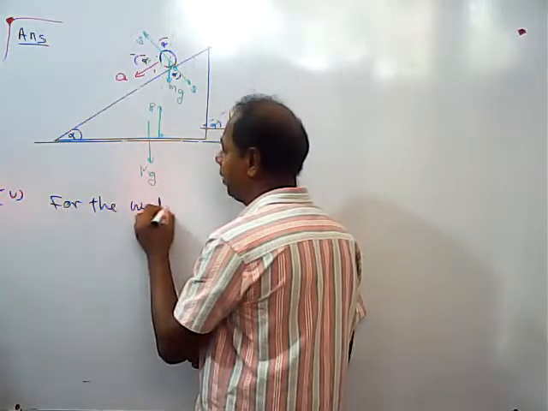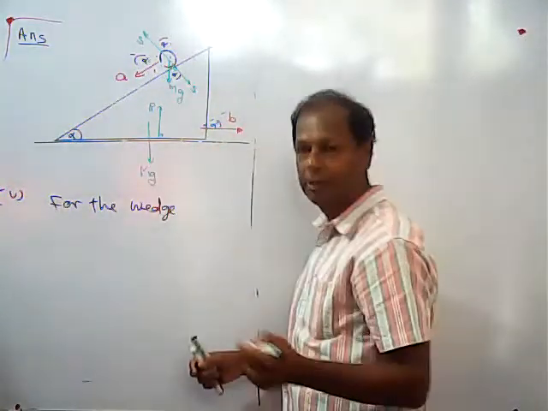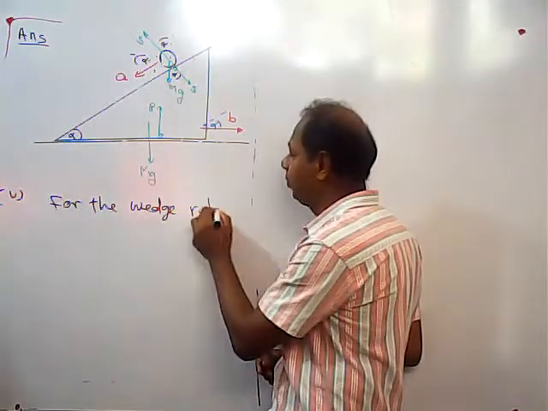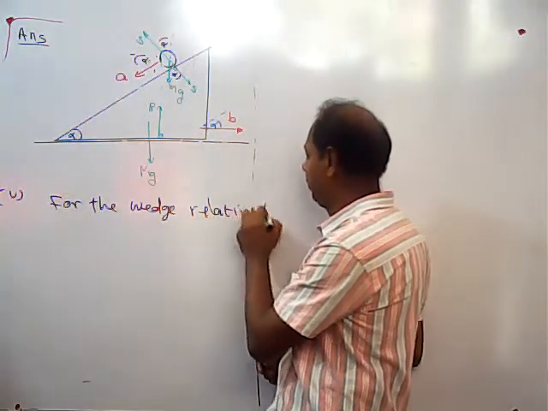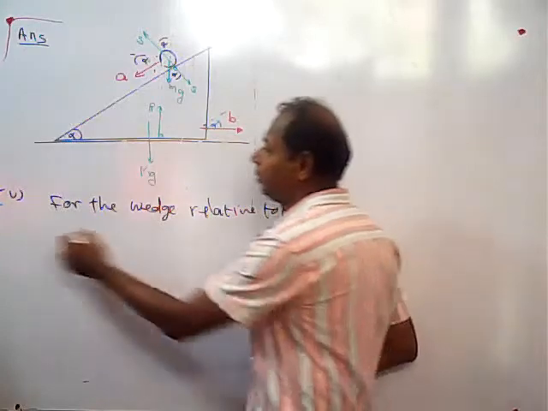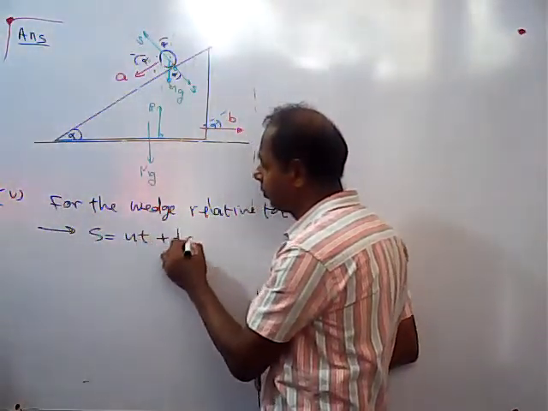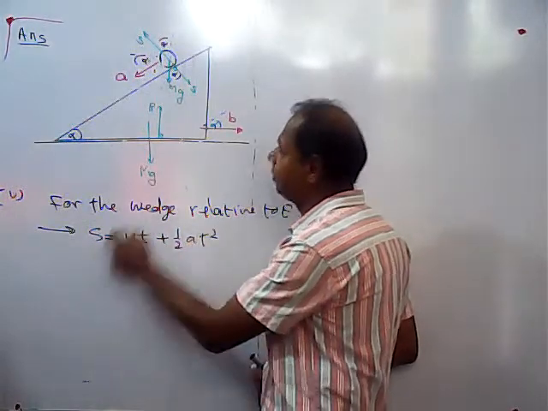For the wedge, we apply relative to the earth frame. It is clearly known, relative to the earth frame. Relative to the earth frame in this direction, x equals ut plus half at squared. S is given.